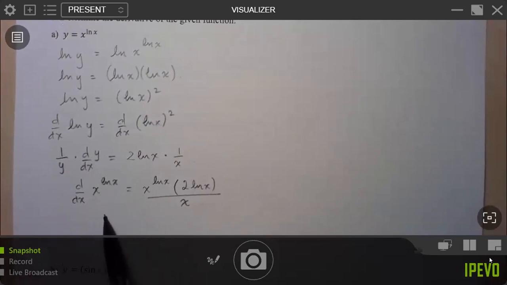What always seems to be showing up? That original function. So in that sense, you can see a similarity to exponential functions and their derivatives, but of course, with more complexity.